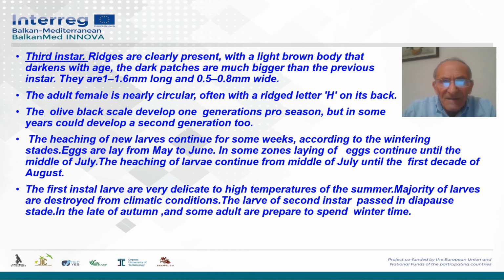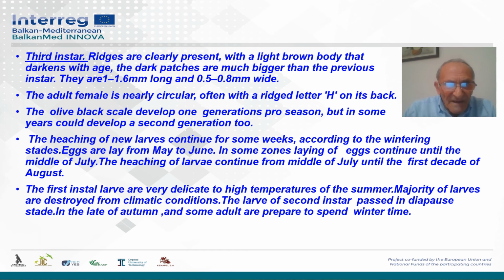Ridges are clearly present, with a light brown body that darkens with age. The dark patches are much bigger than in the previous instar. They are 1 to 1.6 mm long and 0.5 to 0.8 mm wide. The adult female is nearly circular, often with a ridge, later in age, on its back.